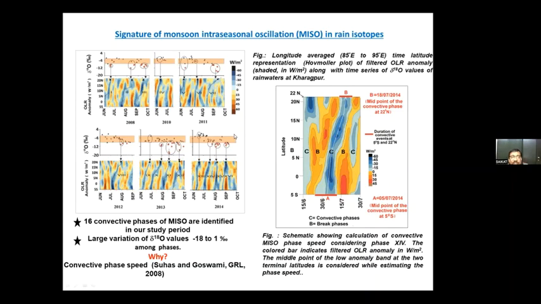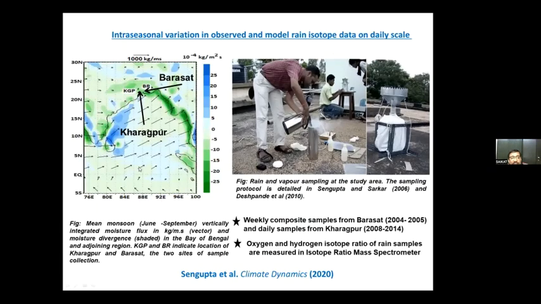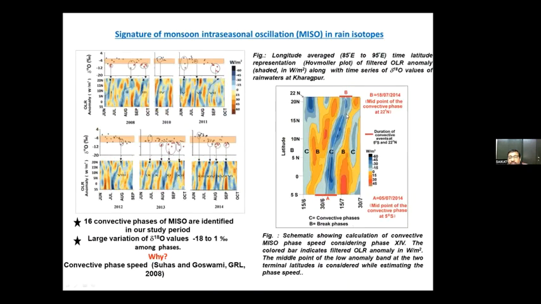If I go to the previous slide, you can see the convective bands moving from 5 degrees south to the study region that we are tracing. When the convective band is reaching our sampling location, that time we get the lower isotope values. These are the cases.